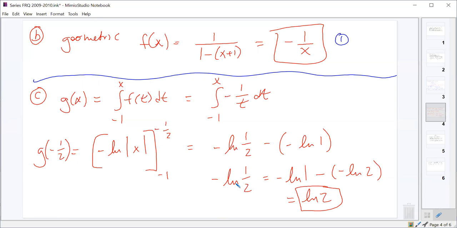I don't see why they wouldn't. But we just get natural log of 2. Good or no? And so I believe what they did is they gave you 1 point for having the correct antiderivative and 1 point for having the correct final value there.